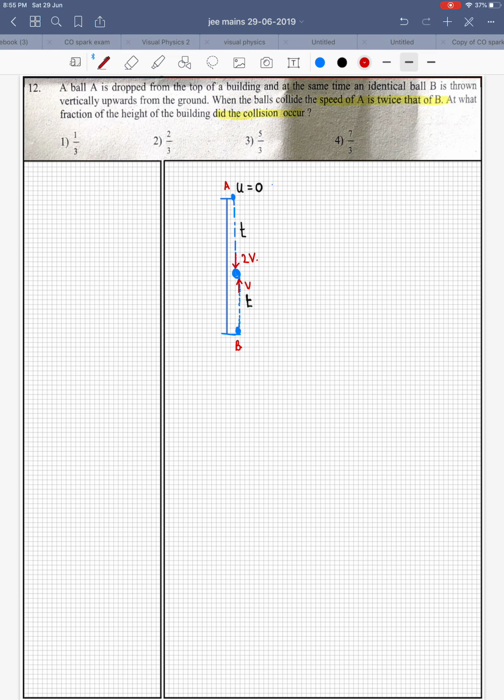So he's asking the fraction of height, maybe h dash. Maybe he is intending to ask h dash by h. So how do I approach the problem? I have u here, maybe I have v, because t is common, and he's talking about the heights and all.